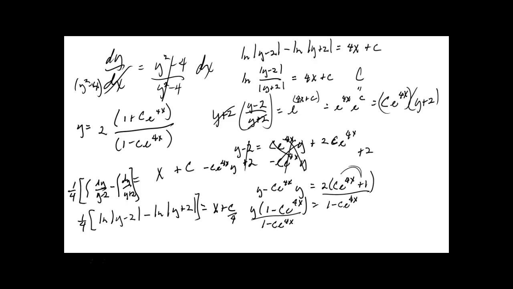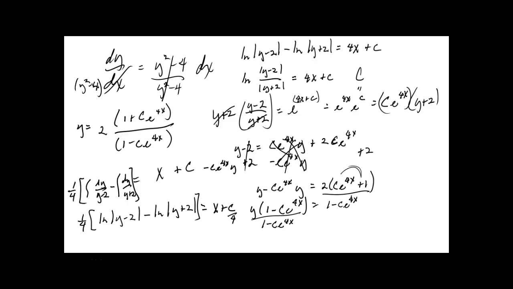So y equal plus 2 or minus 2, those would have been constant equilibrium solutions that would have been allowed had we done it that way. Doing it this way, we lose those two. The solution y is equal to 2 is a member of this one right here, because, like we just said, when x is equal to 0, this becomes 1 plus c over 1 minus c.